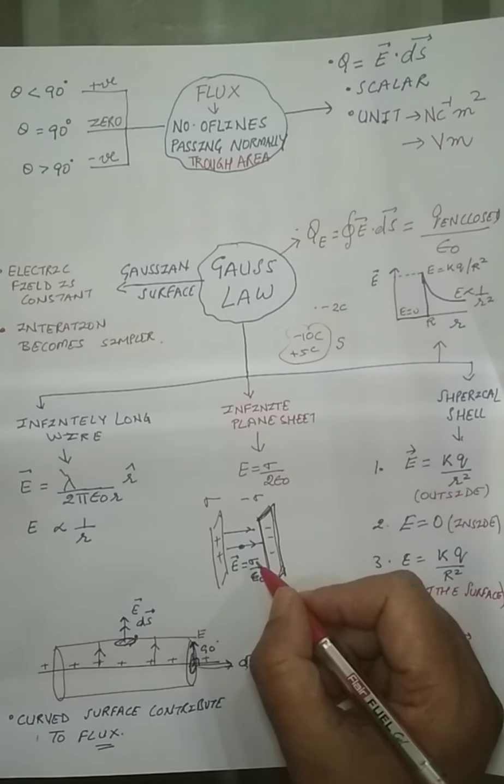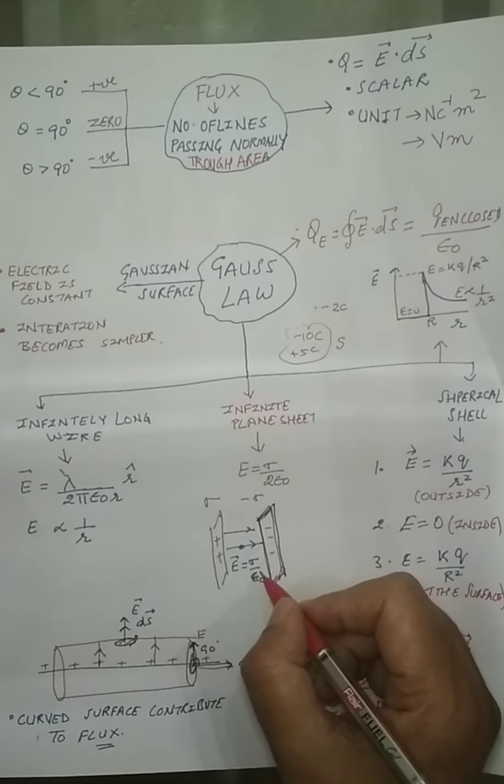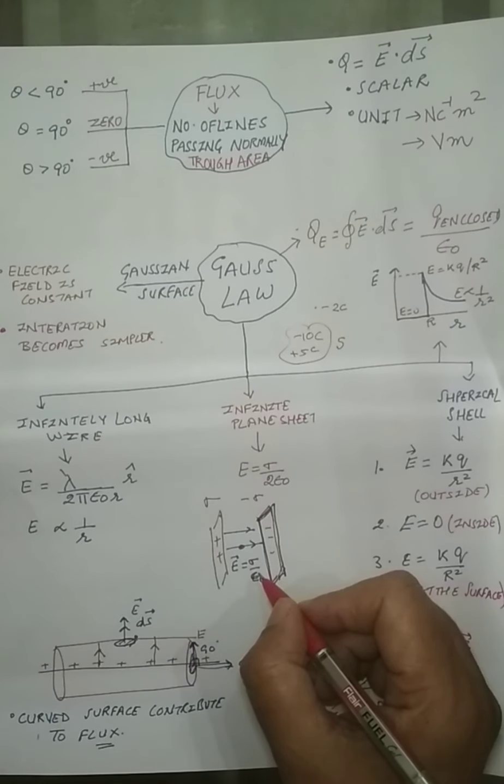Again, the question can be, even though they ask you just about two oppositely charged plates, to draw the electric field, or to give the expression for the electric field between the two plates, or, if a charge plus Q is placed there, which direction it will move. This question is already there in one of my videos, the 1 marker.